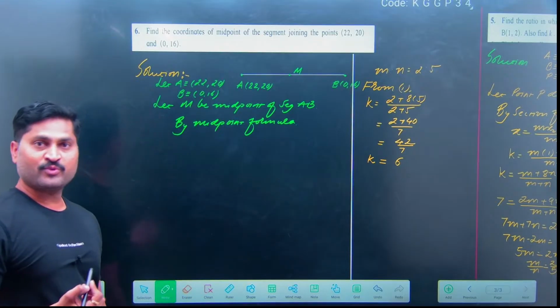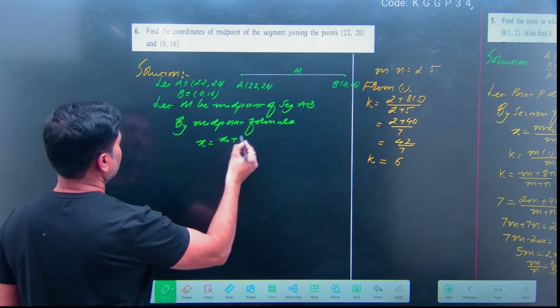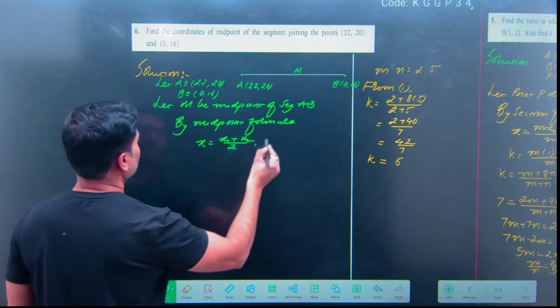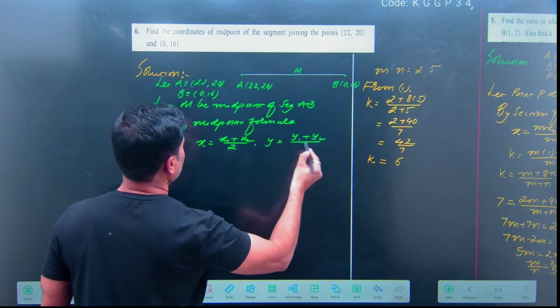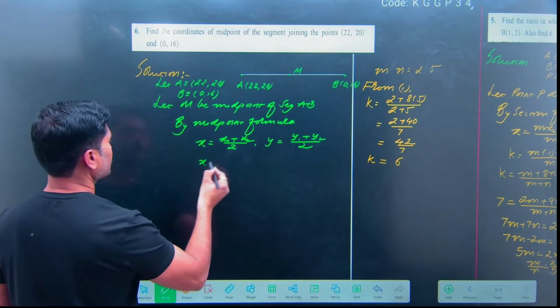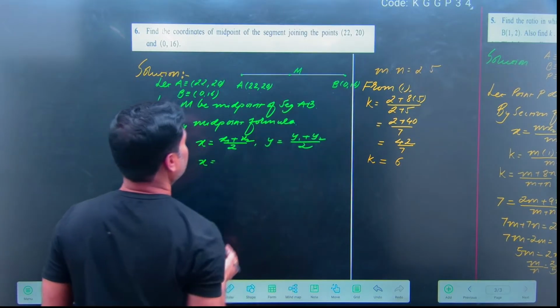So what is the midpoint formula? x is equal to (x1 plus x2) upon 2, y is equal to (y1 plus y2) upon 2. So x is equal to, this one is x1 y1, this is x2 y2.